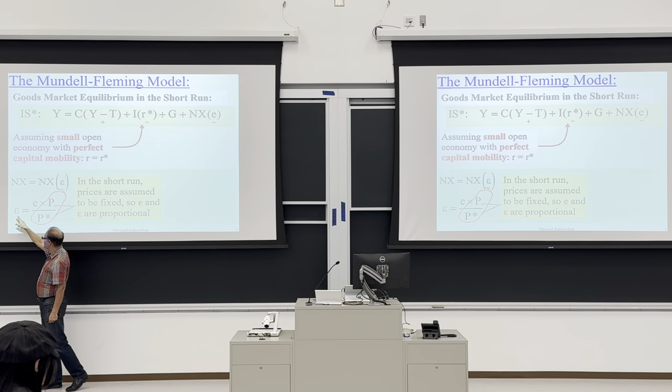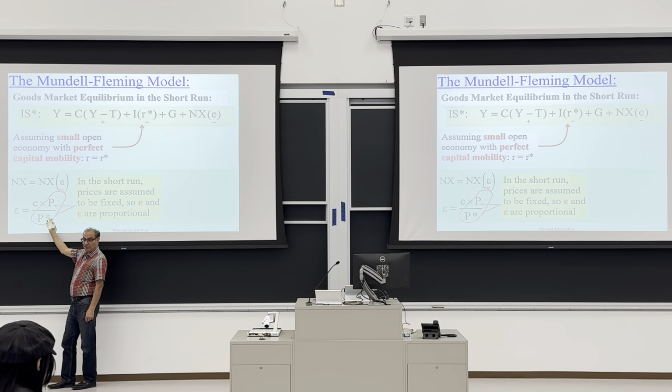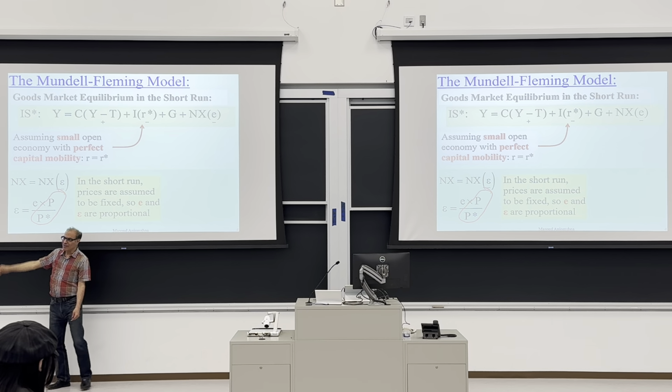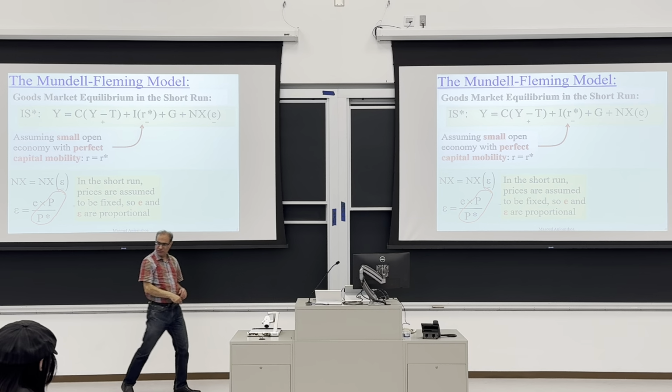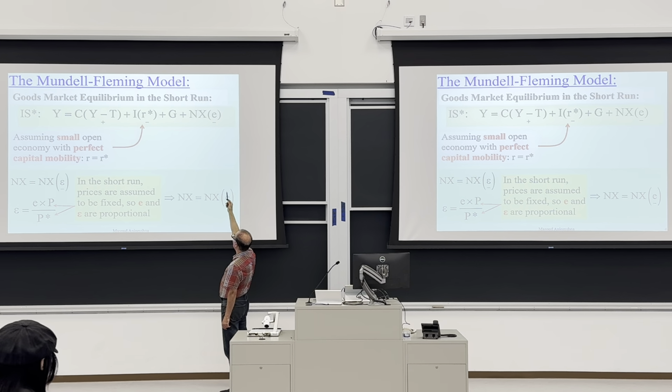In the short run, the real exchange rate and nominal exchange rate move together. You see that? It's a very big difference between short run and long run. Because prices are fixed in the short run, nominal and real exchange rates move together. So that's why I allowed myself, instead of this, to write that.